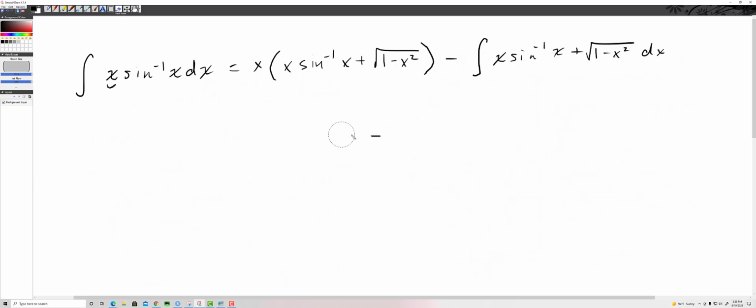Now, a couple of interesting things about this. This integral here actually appears over here. And what I'm going to do is rewrite this. I'm going to go ahead and factor these x's, it's just kind of housekeeping. This integral breaks up, okay?